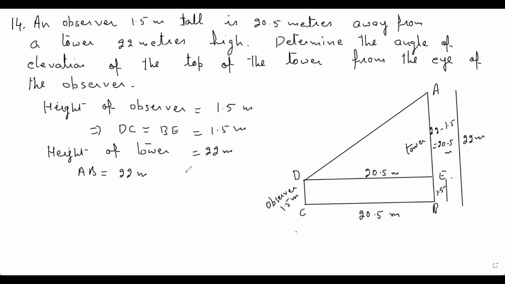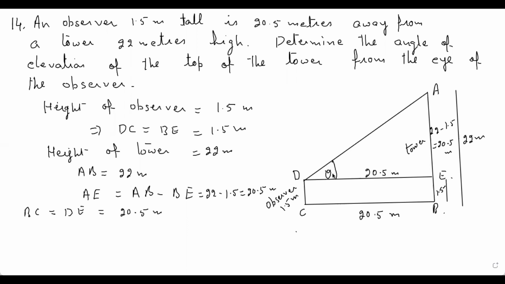Then AE is equal to AB − BE, which is 22 meters − 1.5 meters, and this is equal to 20.5 meters. Now BC is equal to DE is equal to 20.5 meters.